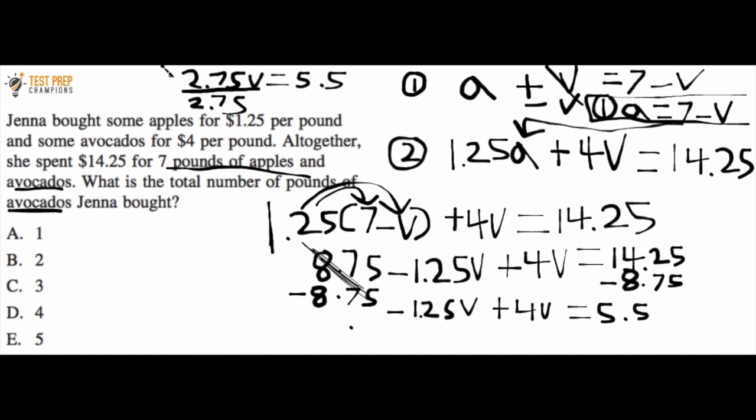These will cancel out and I'm left with V. But whatever I do to one side, I also have to do to the other side. In my calculator, 5.5 divided by 2.75 equals 2. All that work tells me ultimately that V equals 2.